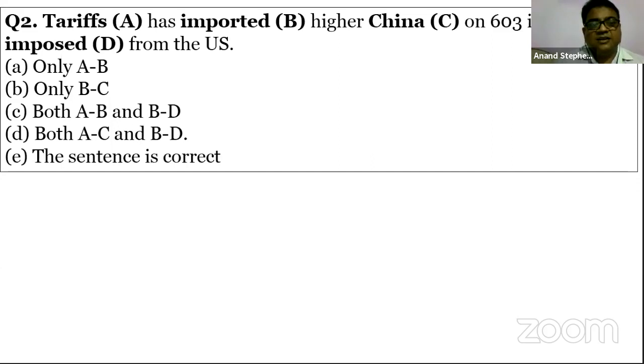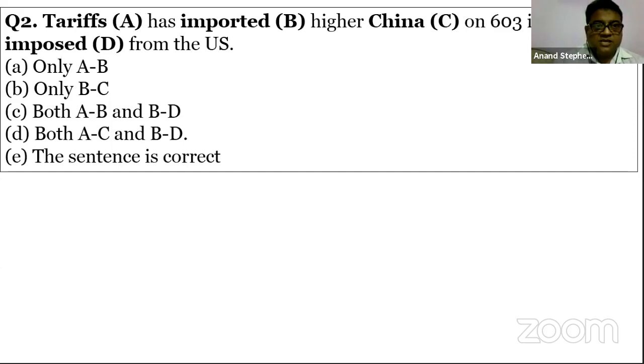Like, first, देखिए, tariffs के साथ इन्होंने they have used has. Tariff is a plural word and they have used has. So this is signaling that it is wrong use. But tariff is a noun.